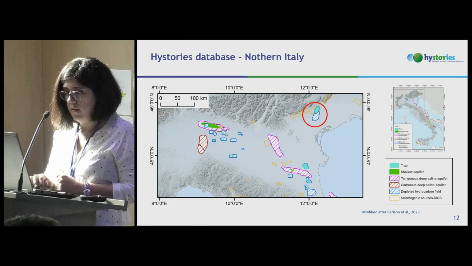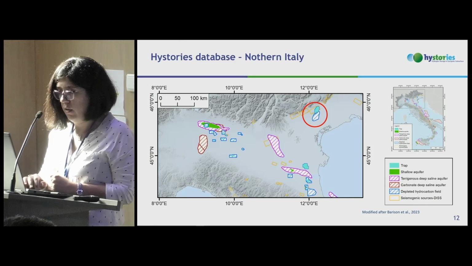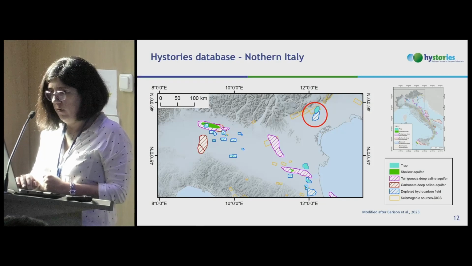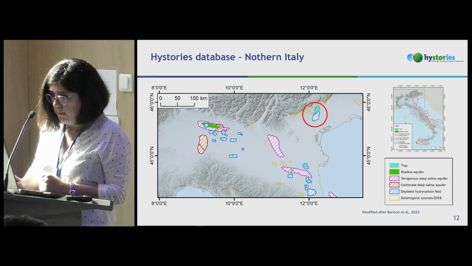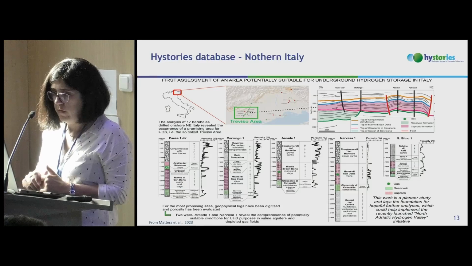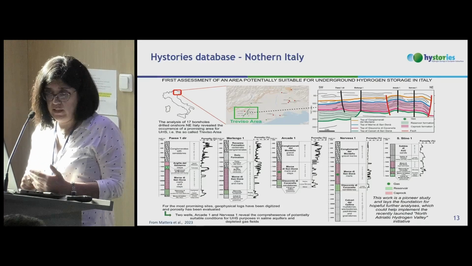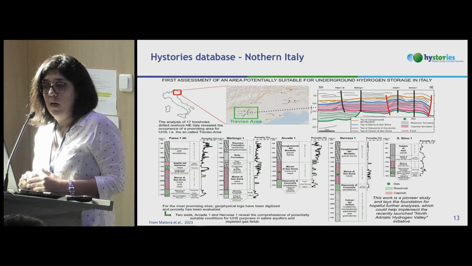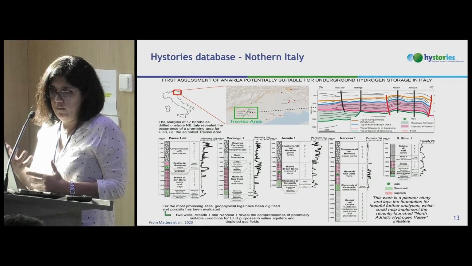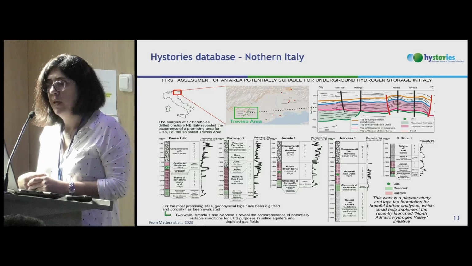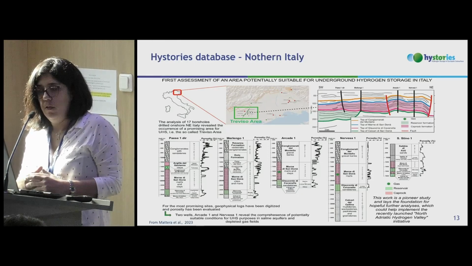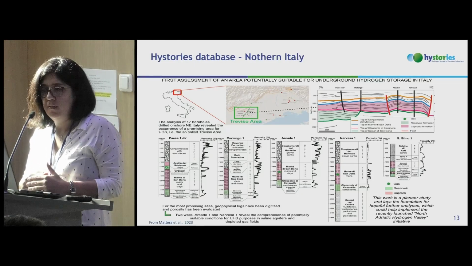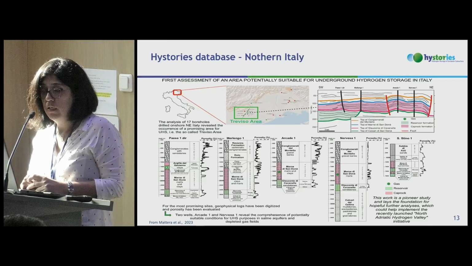In detail, let's see this area with a red circle in northern Italy, in particular the white one, that has been defined within the Hystories project and also a master thesis run by a student at OGS. In this area, that also has been published in a paper, we started our research by examining all the stratigraphy available at the DP database.